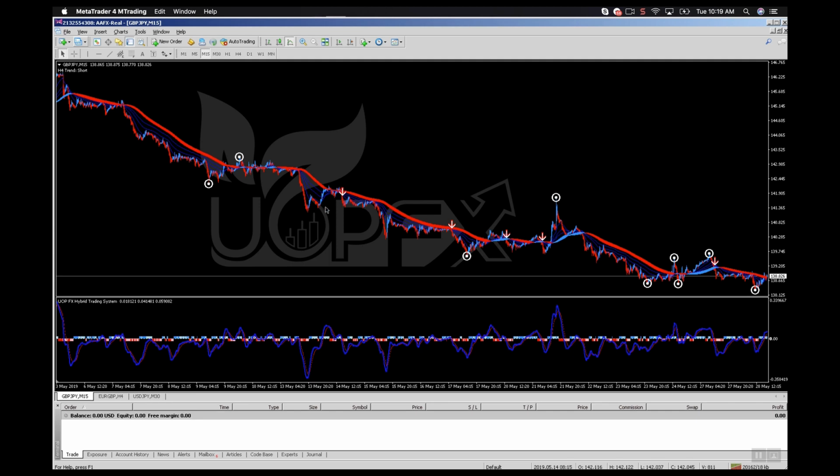Our arrows, they do not repaint. Okay, so once an arrow pops up, it's either going to win or it's going to lose. That's first and foremost. When you start adding these extra arrows and stuff on here, you know, it may look cute, but I'm telling you guys, you're only going to confuse yourself, and it's kind of a waste of energy and space. You don't want to handicap yourself in that way. All right, that's first and foremost.